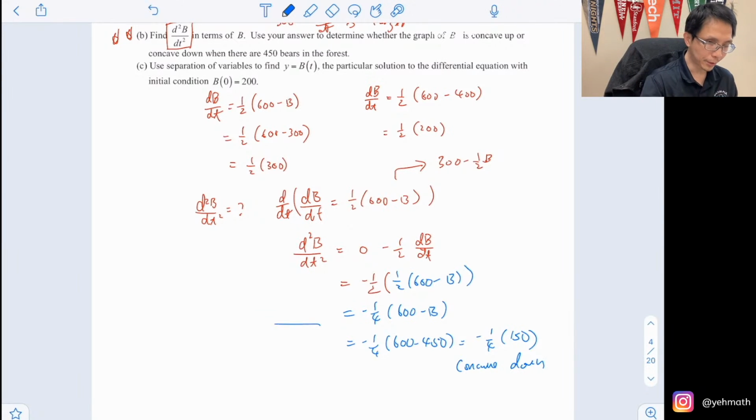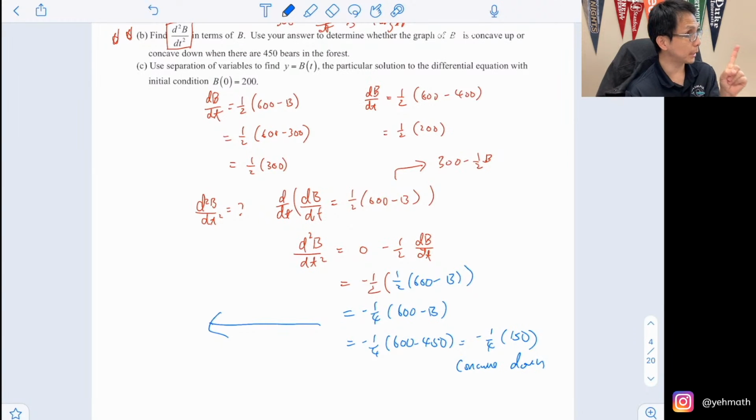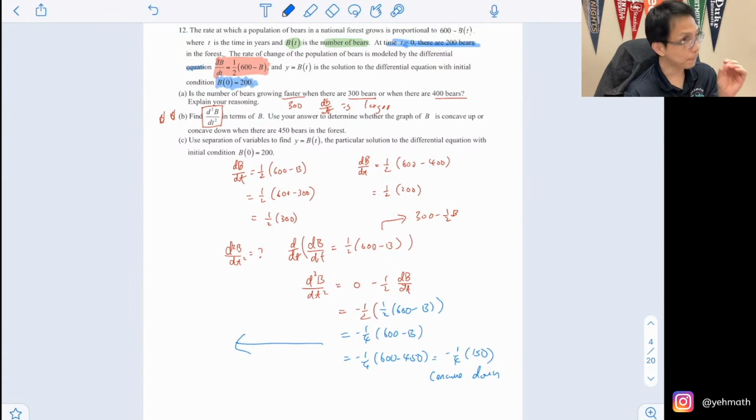Now, I'm going to lead to this question, talk about something else. If concave down, now, if I were to do a tangent line approximation at 450, or somewhere near around 450, is that going to be an over approximation or under approximation?